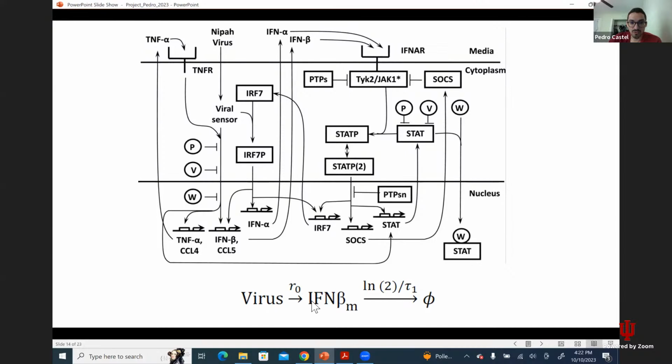And also the interferon is decaying, and this is not included in the network. And actually everything that decays here is not being explicitly written, drawn in the diagram, which is frustrating, but you know, we can handle at least the decays.